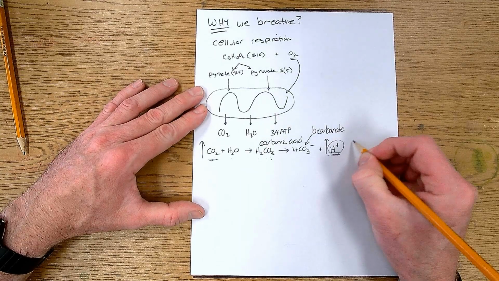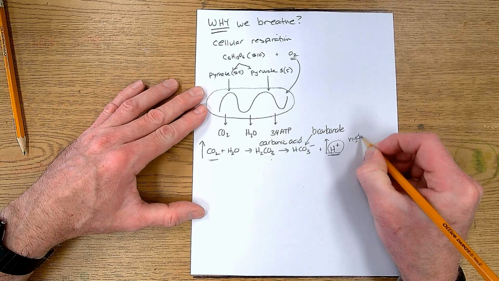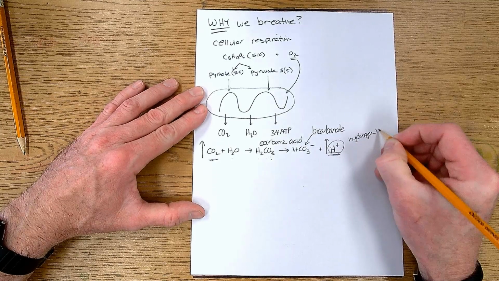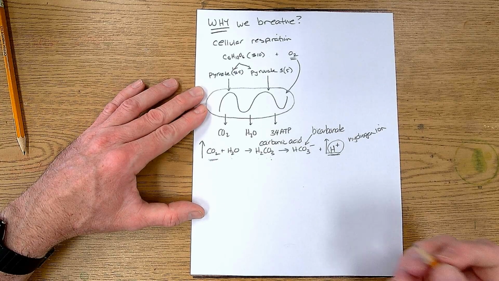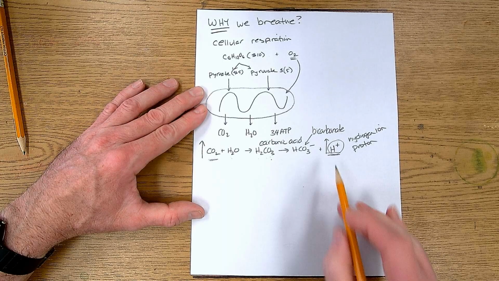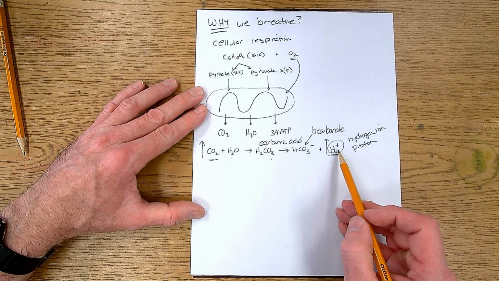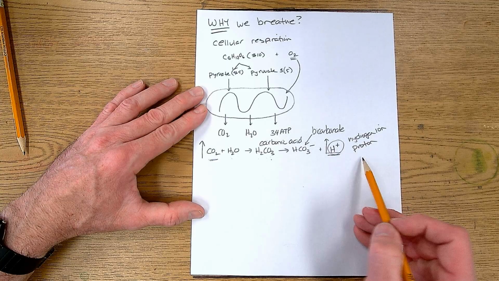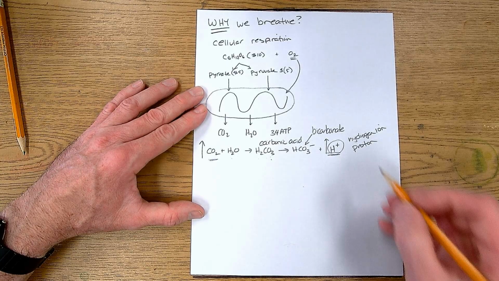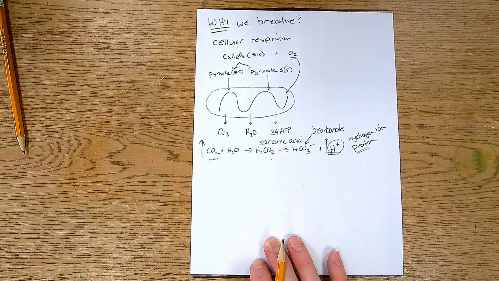The other name for H+ is hydrogen ion, or simply proton, because hydrogen is the first element on the periodic table, and it has 1 proton and 1 electron, and if we ionize it and take away the electron, we're left with 1 proton, because it has no neutrons. So these are protons.